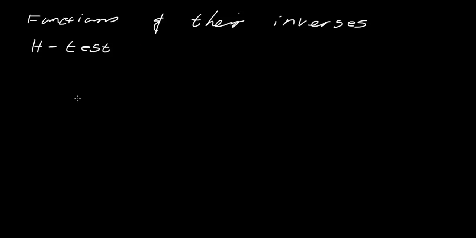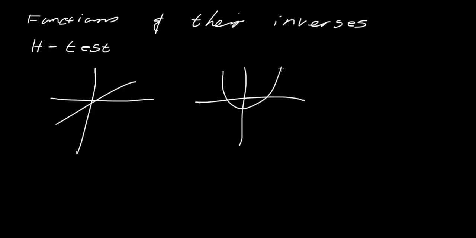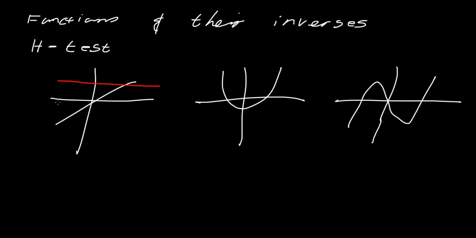What the horizontal line test says is draw a horizontal line on a function, or draw a set of horizontal lines. So let's draw our horizontal lines here quickly. I'm going to draw a couple. There's one. There's another.